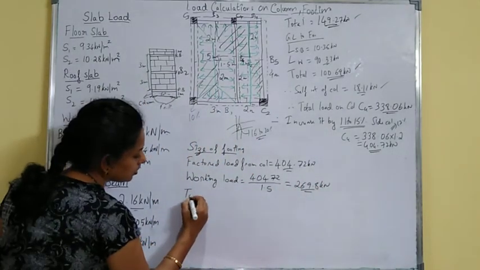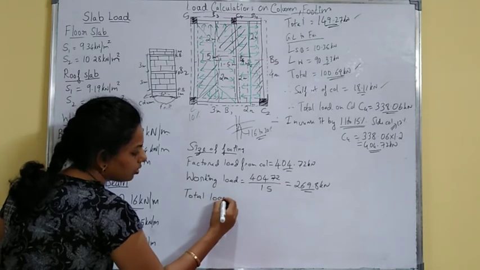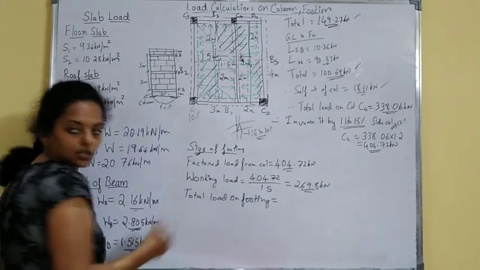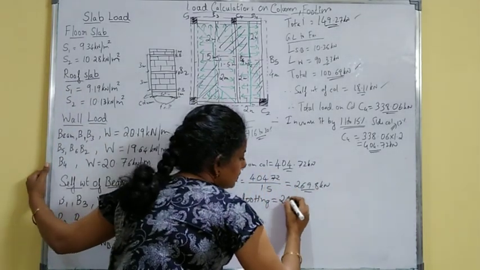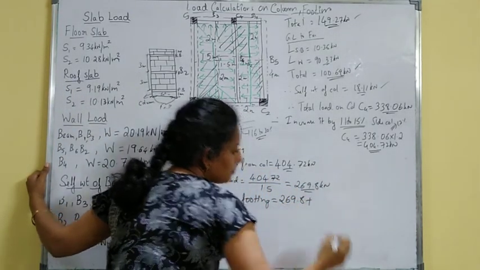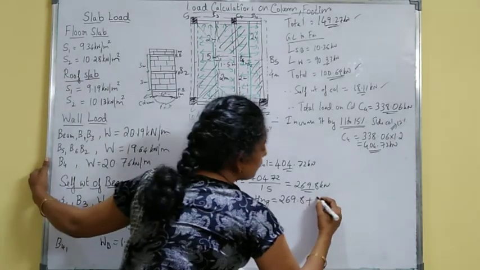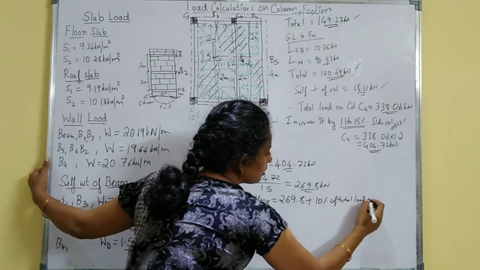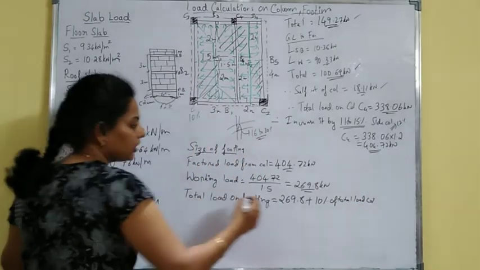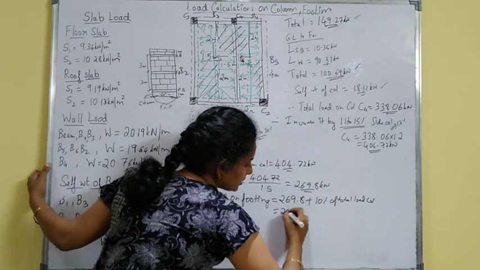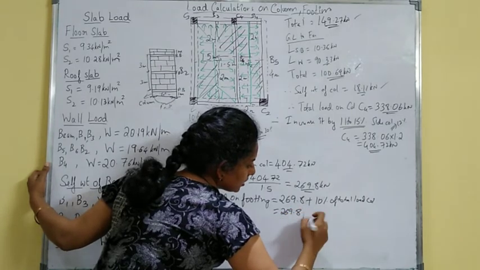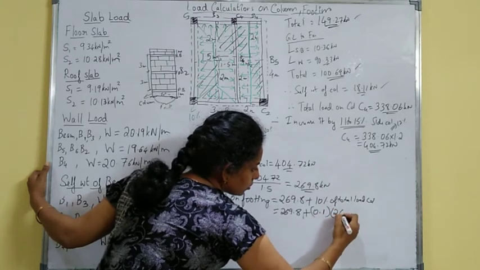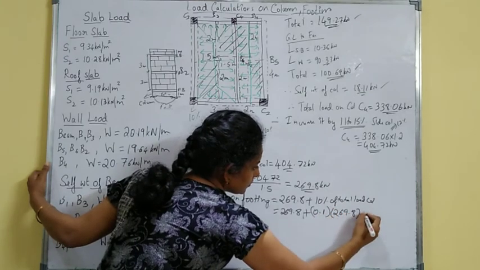Then total load on footing, that is nothing but total load of column, that is 269.8 plus 10% of total load on column. Okay, that is nothing but 269.8 plus 10% is 0.1 times 269.8. Just calculate.